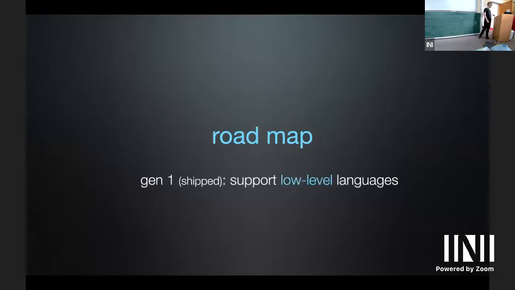Okay. Right. So just also a reminder of the general roadmap that we have for WebAssembly. The first version we released was really targeting low-level languages, because C++ in particular was our first immediate customer. There were already people who compiled C++ to the web via asm.js or NaCl.